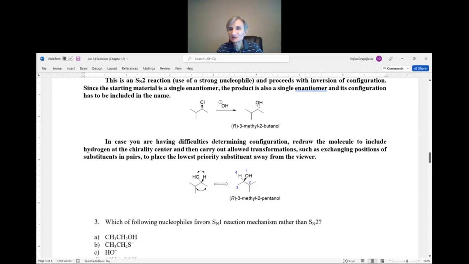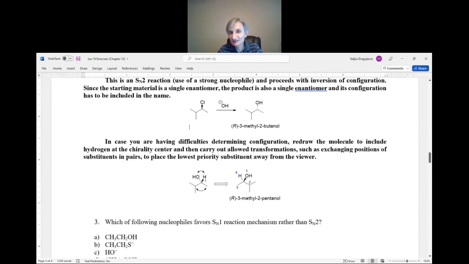In this case, the lowest priority substituent, hydrogen, is not shown. You should have pen and paper on the test, so you may want to include hydrogen, and then you will see if OH projects away from you and hydrogen is not shown, it must be projecting towards you. So to determine R/S configuration, the lowest priority substituent has to project away from you.